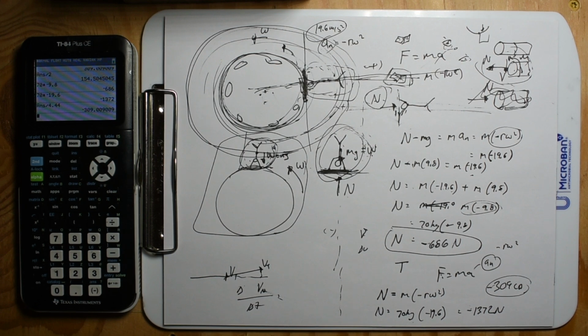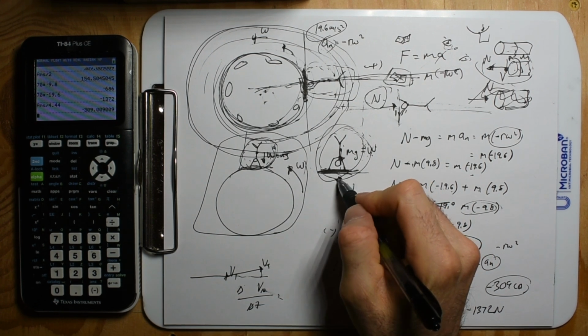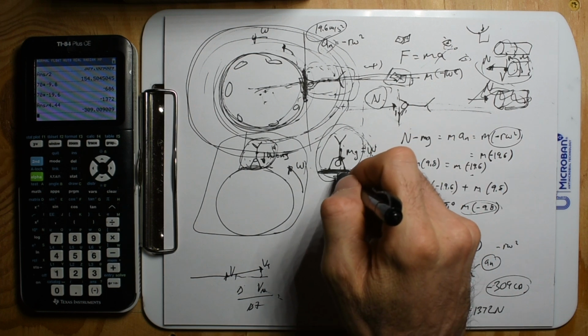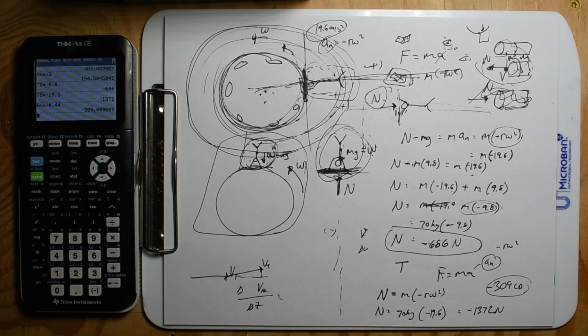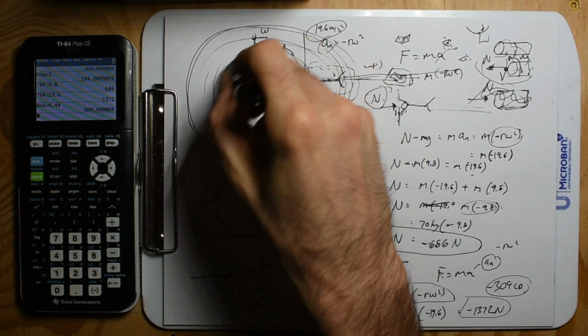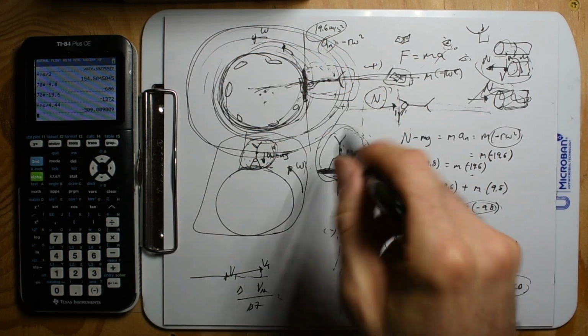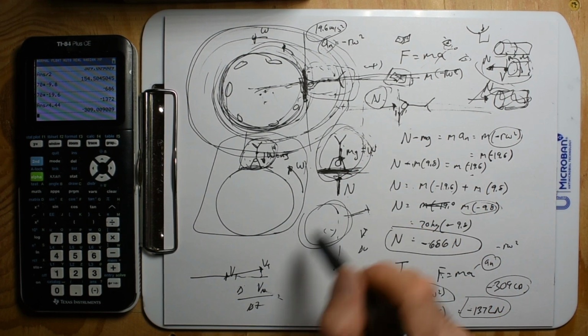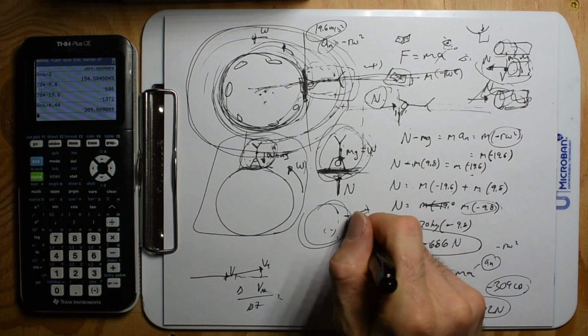Alright, so there you go. I think we covered normal forces, kind of interesting. Anytime you cut away a surface, you get a normal force at that surface. And we've identified that if you get a normal force in the negative direction, it means your acceleration due to spinning is flinging you off more than your weight is holding you in.